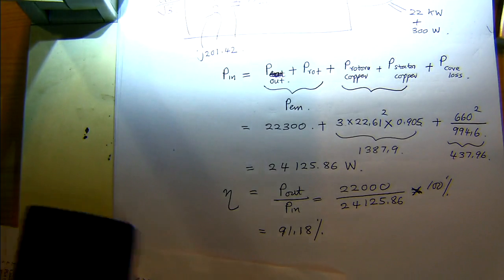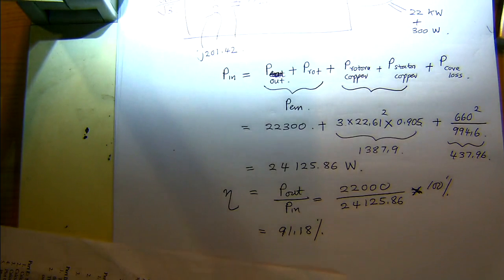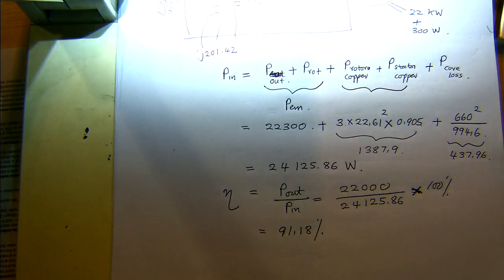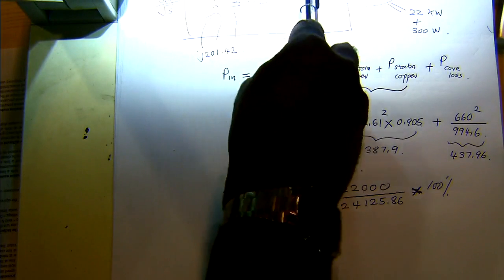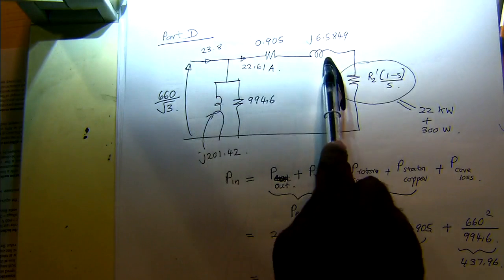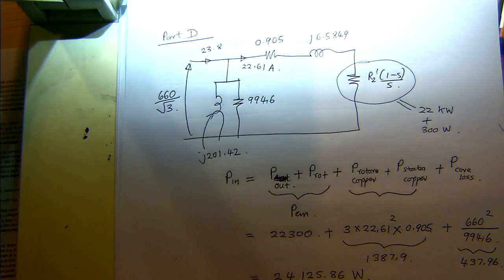And then we need to find the power factor as well. So to do that, we need to find the reactive power. So the reactive power includes the reactive power of these two elements, the magnetizing reactance and the leakage reactance.